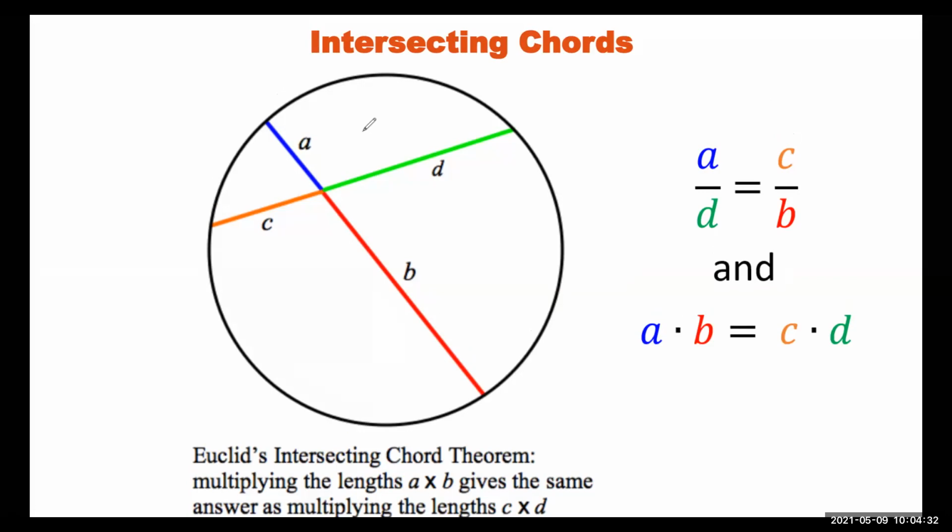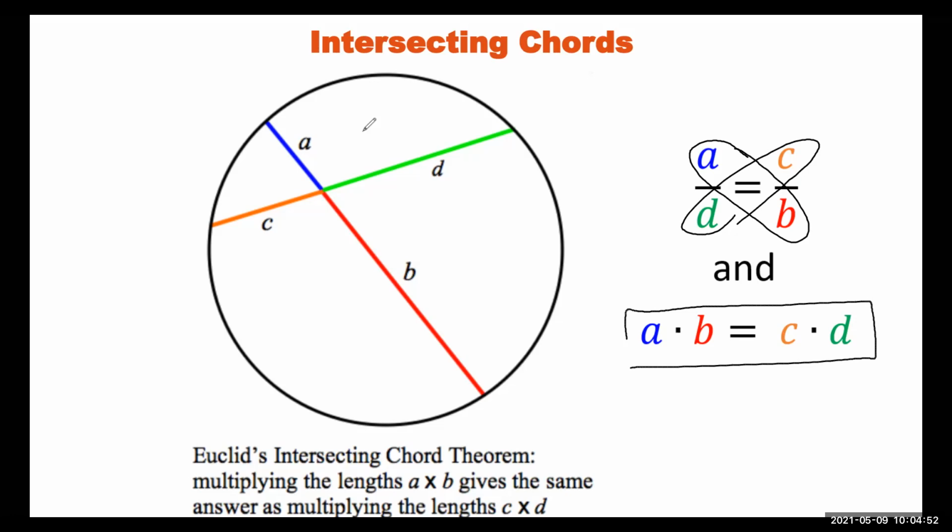Segment A relates to segment D in the same ratio as segment C relates to segment B. If we cross multiply, A times B will be equal to C times D. Both the proportions and this equation are rules that you can use to find missing lengths on chords in a circle.